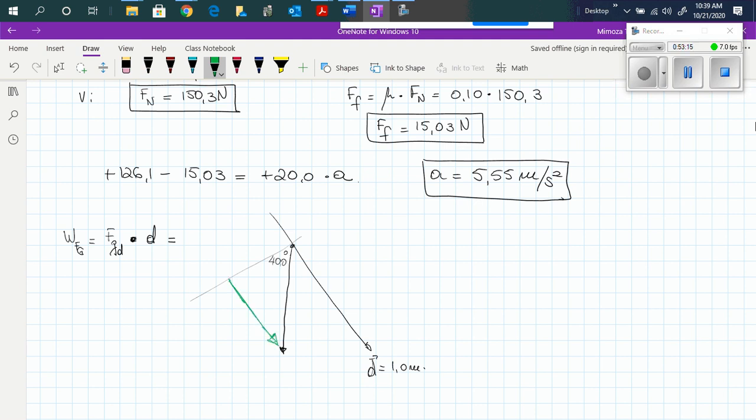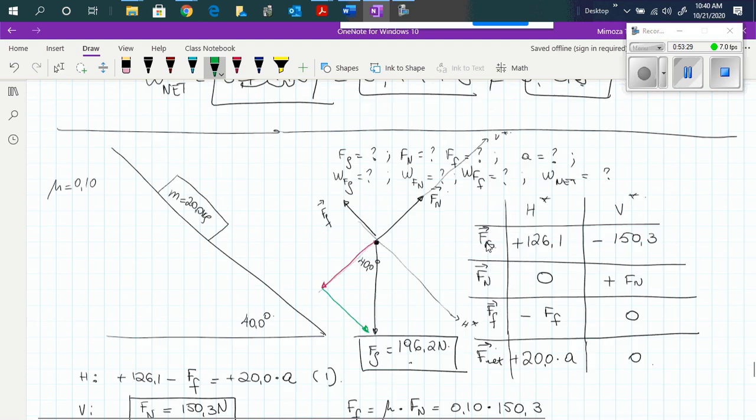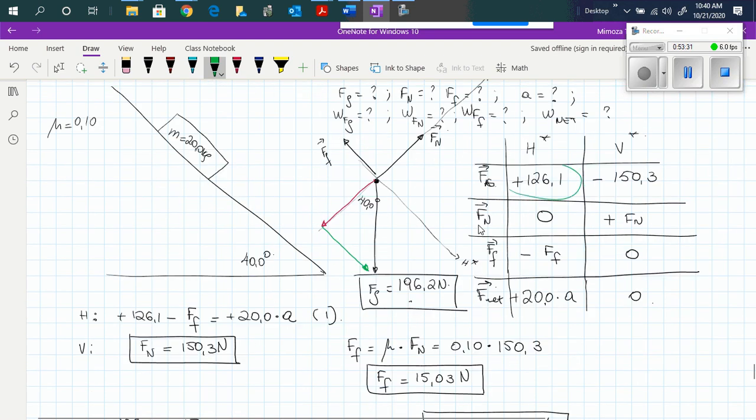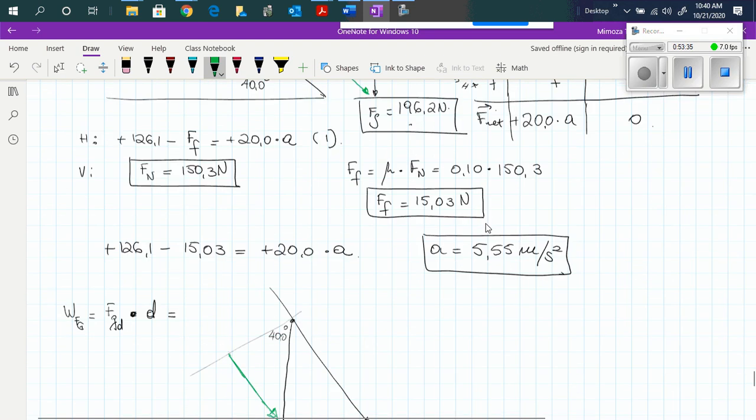So see guys, everything ties up. The table that we have done, even here can be used. Okay, so where can we find this? We have it here. It is this value.